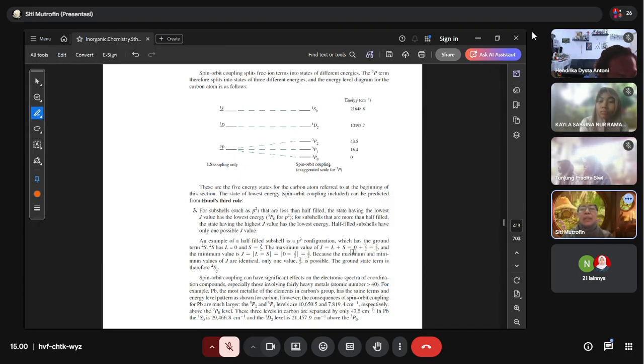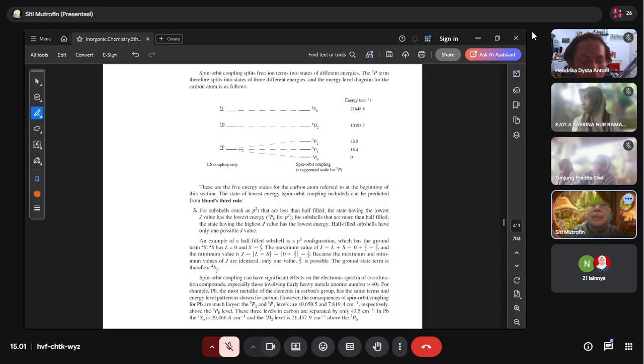Okay. So in total, for the 2 electrons occupying the 2p orbital of the carbon atom, you will find there are 5 energy levels.